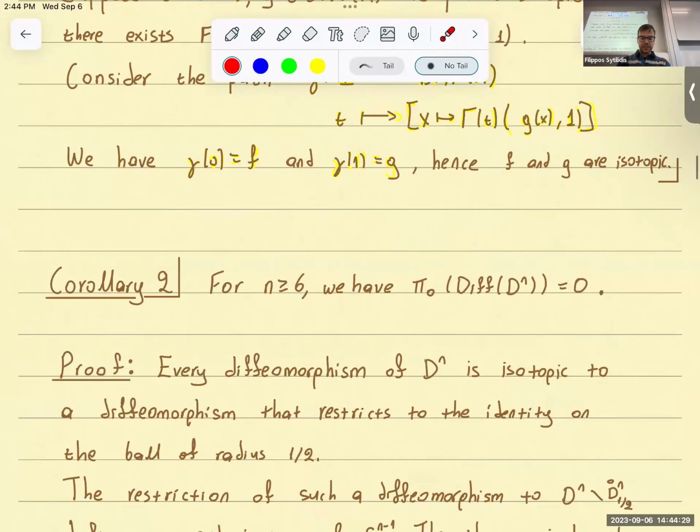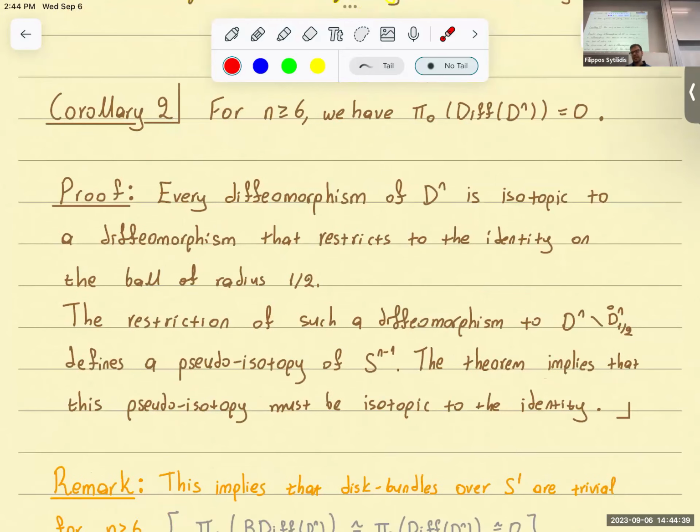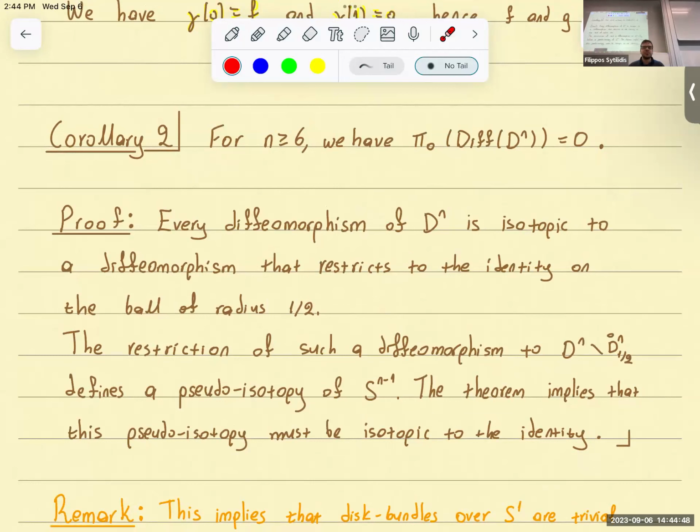Okay. So hopefully we're all fairly happy with that. You may ask, why would I care whether pseudo-isotopy is equivalent to isotopy or not? Is the problem of going from a pseudo-isotopy to an isotopy somewhat related to canceling out critical points?